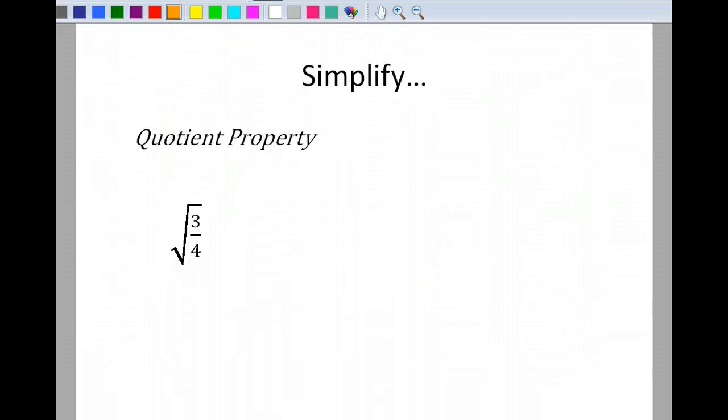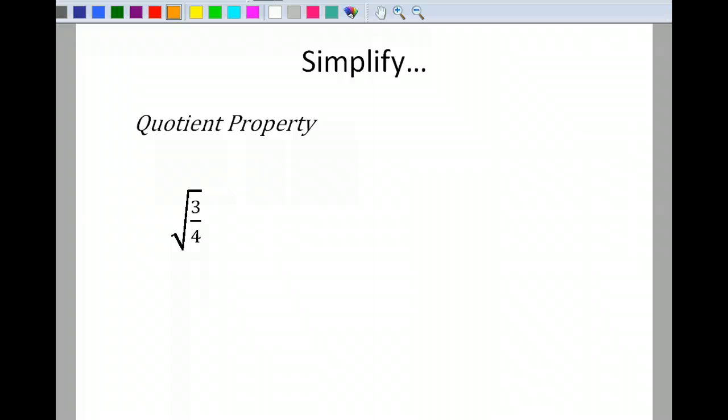Okay, now let's look at this one. This is a quotient property one. I have the square root of 3/4. Well, I'm going to rewrite that because my rules tell me I can rewrite this as the square root of 3 over the square root of 4. Okay, now I don't know what the square root of 3 is. The factors of 3 are 1 and 3, so I can't simplify that one any further.